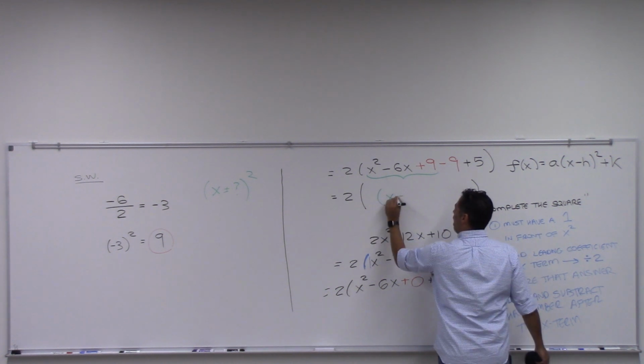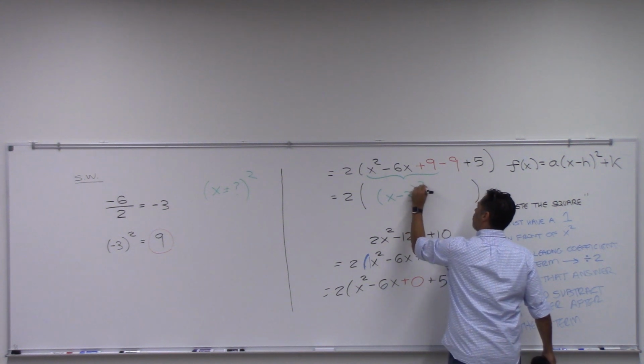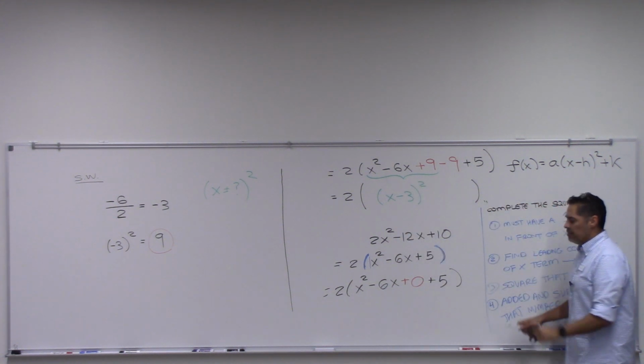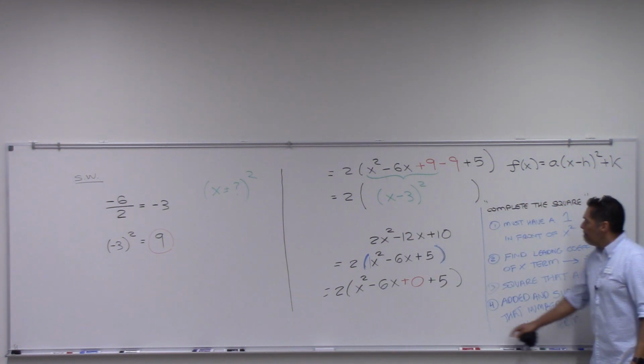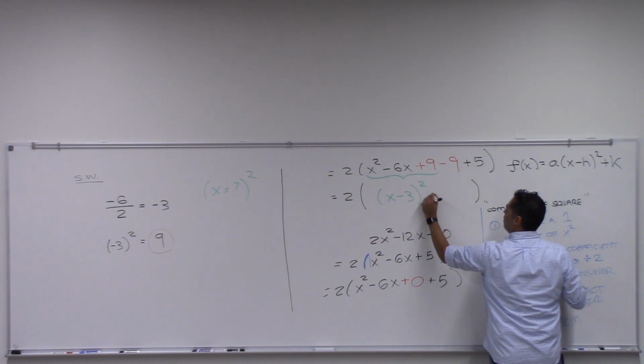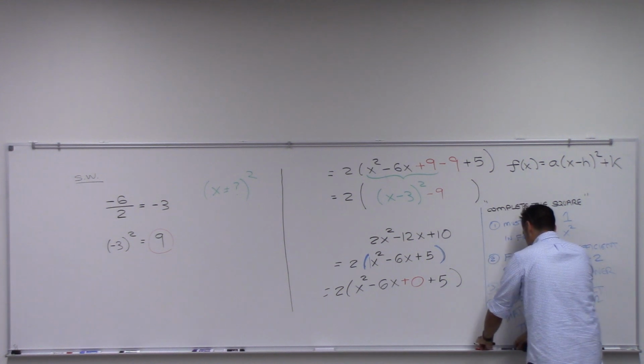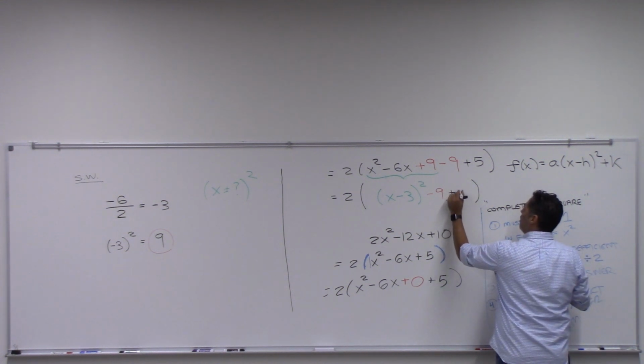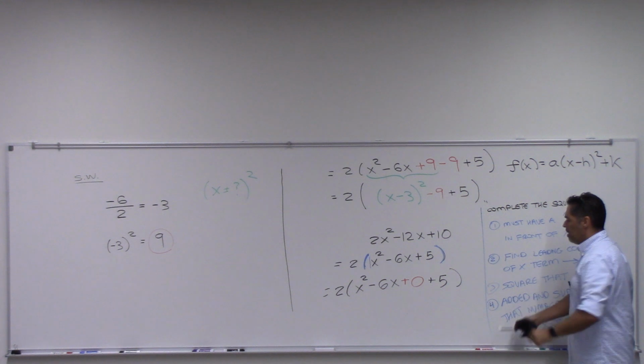That first number over there, minus 3, that whole thing squared. That's what the green part turns into. But I still have next to it minus 9 plus 5. Well, can we take minus 9 plus 5? Yes, we can. That's minus 4, isn't it?